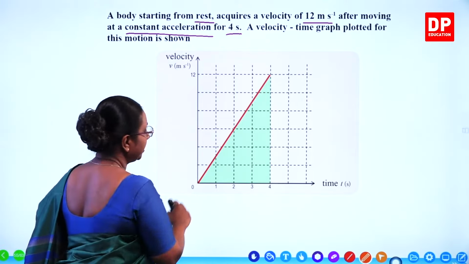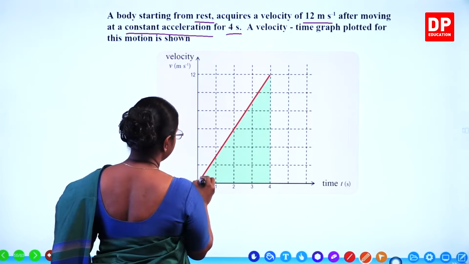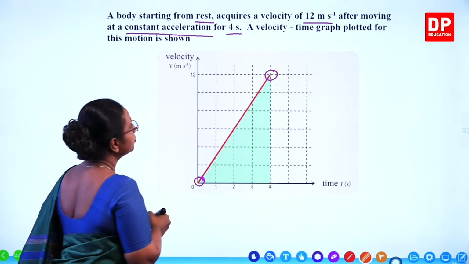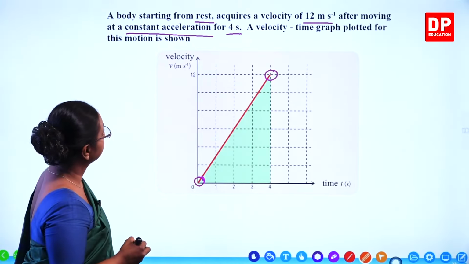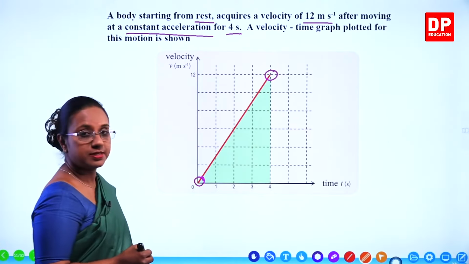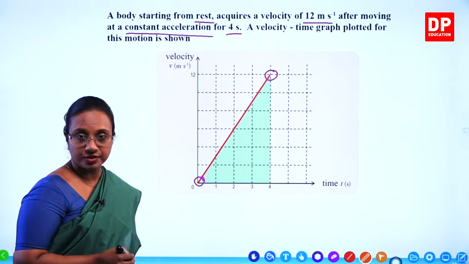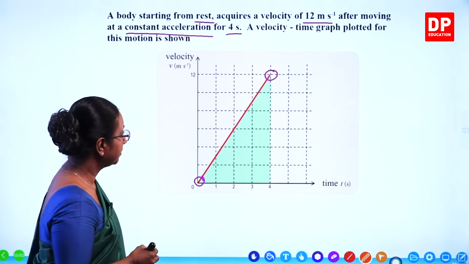So initially it is at rest and finally at the end of 4 seconds you can see the velocity has come to this point, 12 meters per second. Okay, so from this we can calculate the acceleration of the graph. So that is the gradient of the graph.